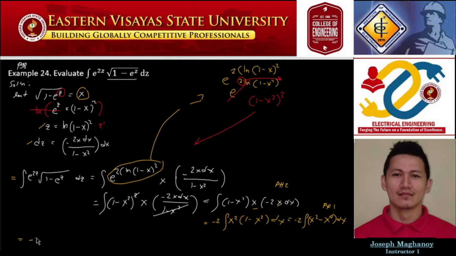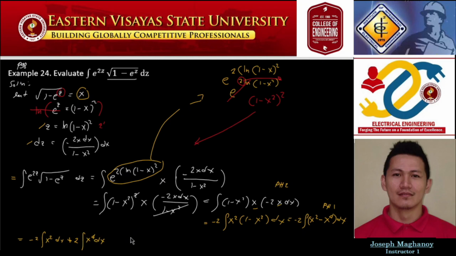So that is negative 2 integral of x squared dx minus, since this is negative, negative times negative would be positive, so positive 2 integral of x to the 4th dx.